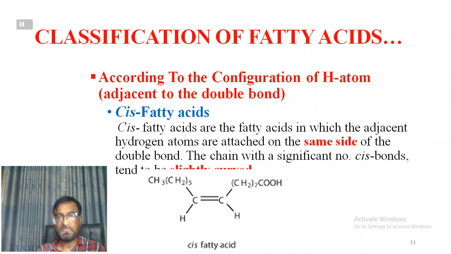Classification of fatty acids according to the configuration of hydrogen atoms adjacent to the double bonds. On the basis of this, we can classify fatty acids into cis fatty acids and trans fatty acids. Cis fatty acids are those in which adjacent hydrogen atoms are attached on the same side.